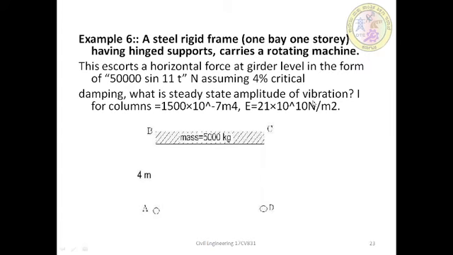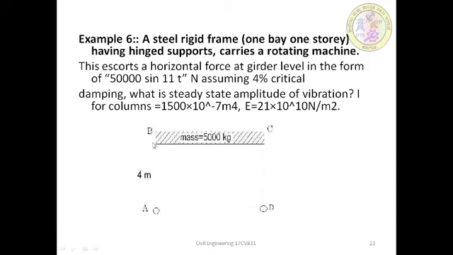What is the steady state amplitude of vibration? For the column, I is equal to 1500 into 10 raised to minus 7 meter fourth, and E, Young's modulus, is 21 into 10 raised to 10 Newton per meter square.